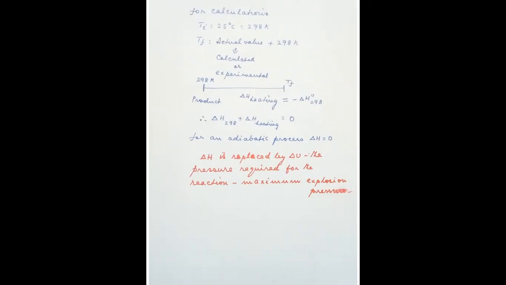For maximum flame temperature, we take the heat capacity of the gaseous products and the atmospheric nitrogen into consideration, and the enthalpy change is considered. If internal energy change is taken for the calculation, and the maximum pressure is measured, that pressure is called maximum explosion pressure.